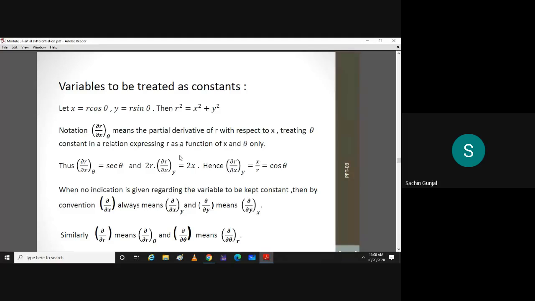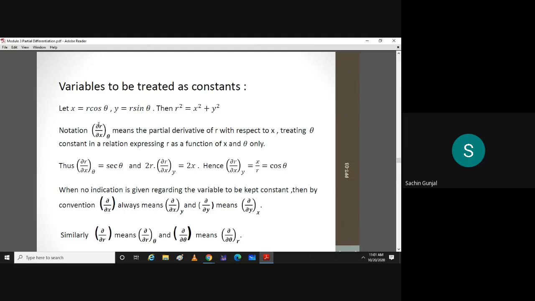Sir, I couldn't understand it properly because in between the voice broke. Okay, I'll repeat. So if you have two relations, or any variables s and t, okay.